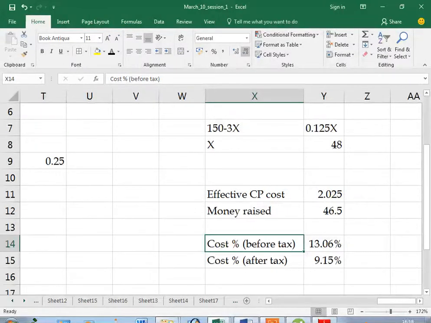Any doubts in this? Go through question 7.